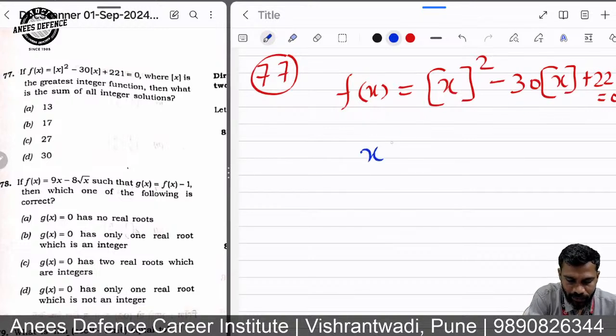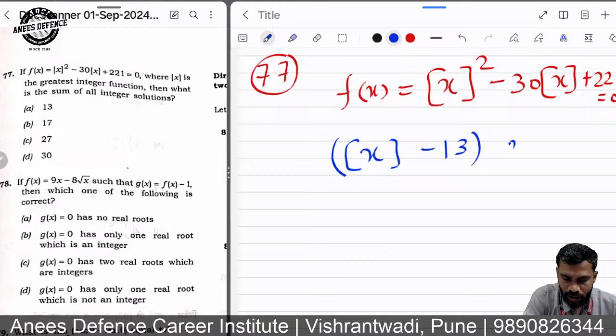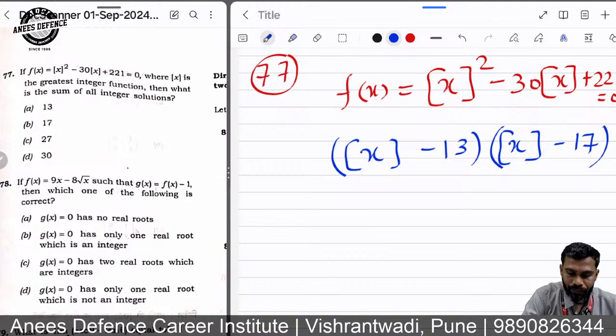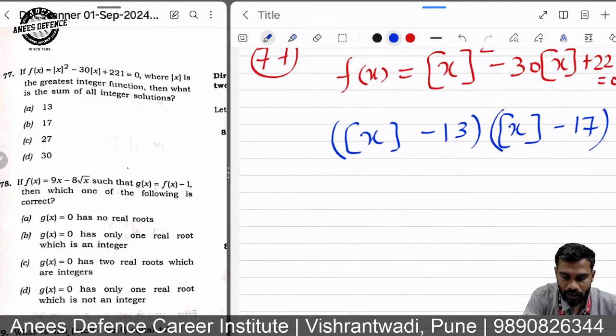So this can be factorized as GIF of x minus 13 into GIF of x minus 17 is equal to 0.